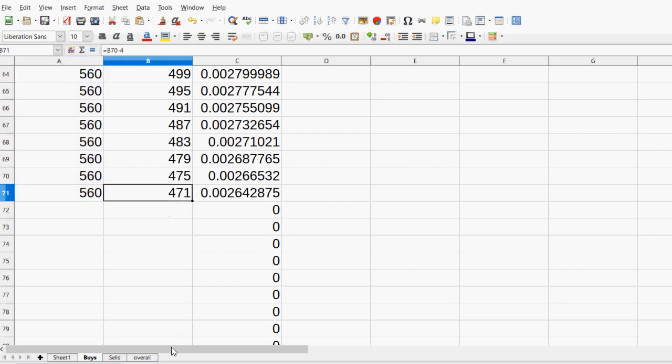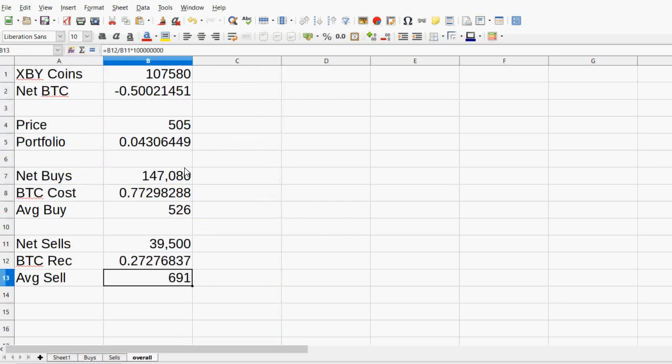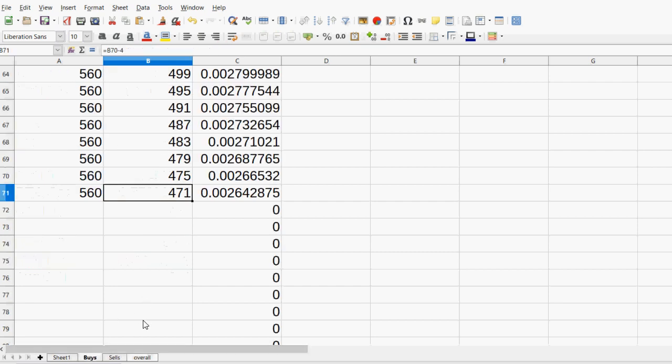So now 471 means with the original buy at 500, your net portfolio is positive. So you're up about 0.04 in your original of half. So you're still close to 10%, close to 9 rather, and the market is down. You have more coins than you started with, now at 107.